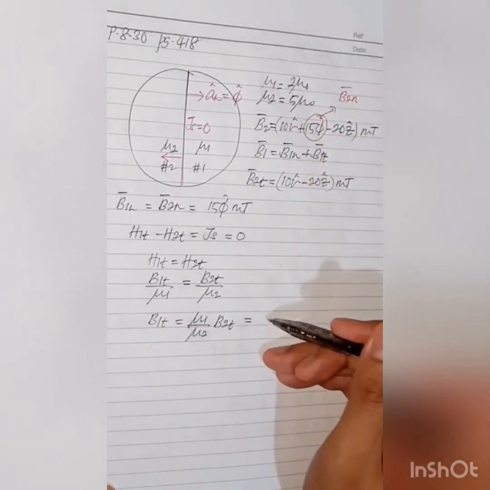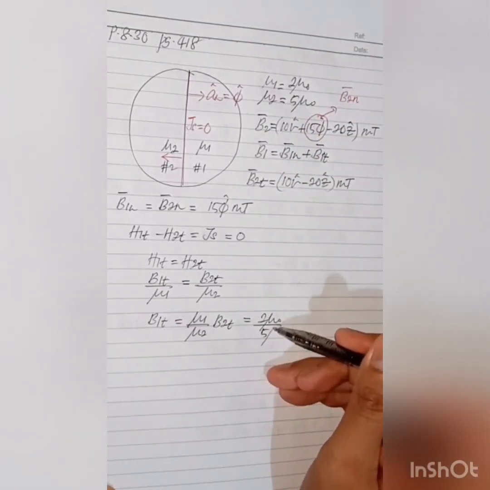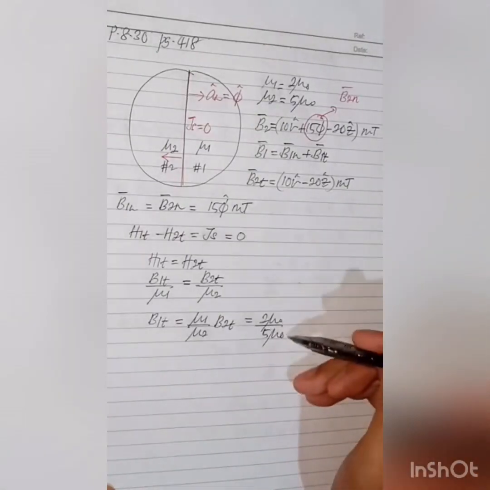The mu1 is equal to 2 mu0 over 5 mu2 for mu2, 5 mu0.